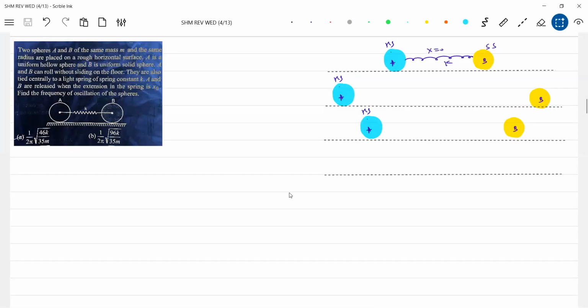Without a diagram, you are supposed to use your imagination. So they're being elongated. They have a natural length.